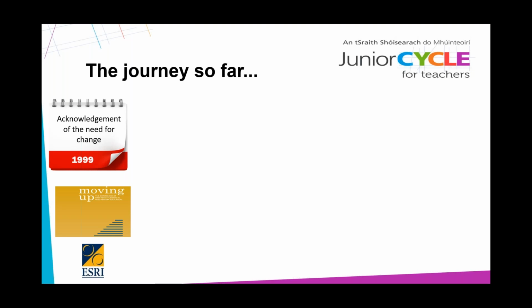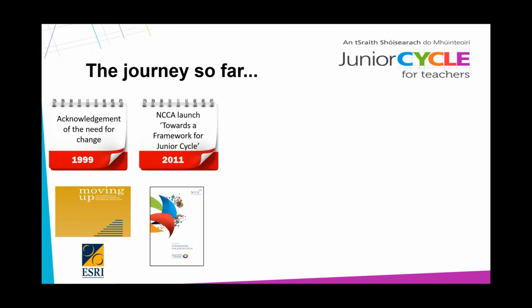The part of that study really that looked at the junior cycle years was called Moving Up. And there was a lot in that particular research at that time that would have acknowledged we have a lot going quite well in junior cycle education. That's why we're engaging in a reform and not a replacement. But there were certainly things that were acknowledged that could be done differently and could be done better.